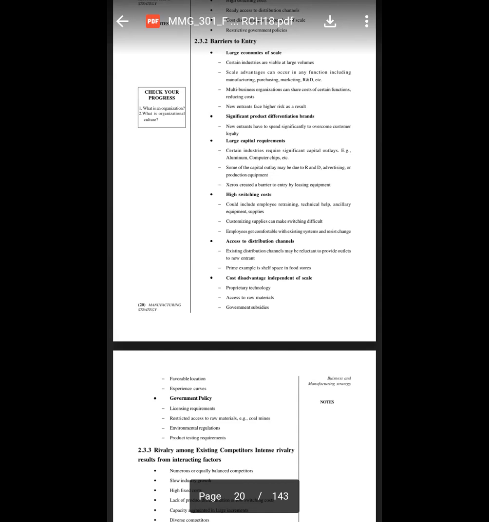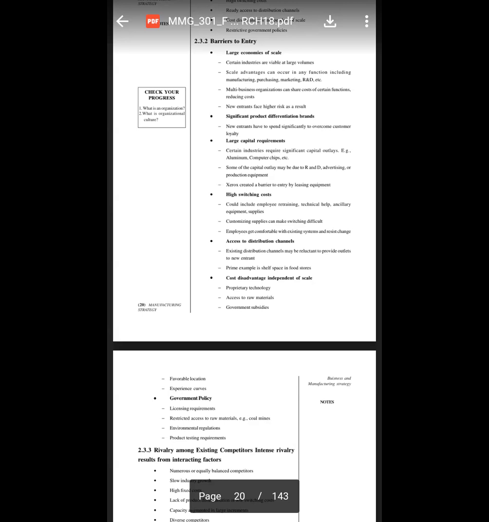Significant product differentiation: new entrants have to spend significantly to overcome customer loyalty. Large capital requirement: certain industries require significant capital outlays, such as aluminium and computer chips. Some of the capital outlay may be due to R&D, advertising, and production equipment. Xerox created a barrier to entry in leasing equipment. So these are the large capital requirements.